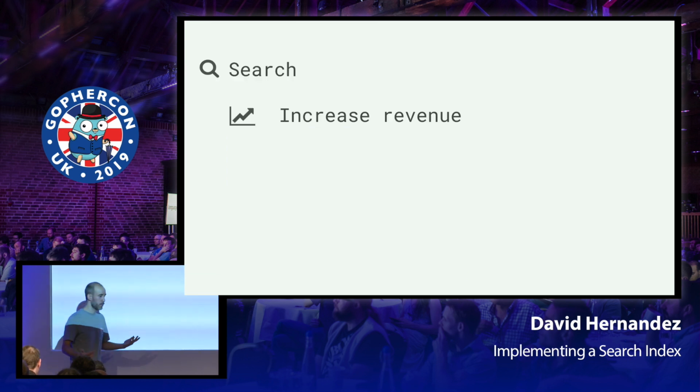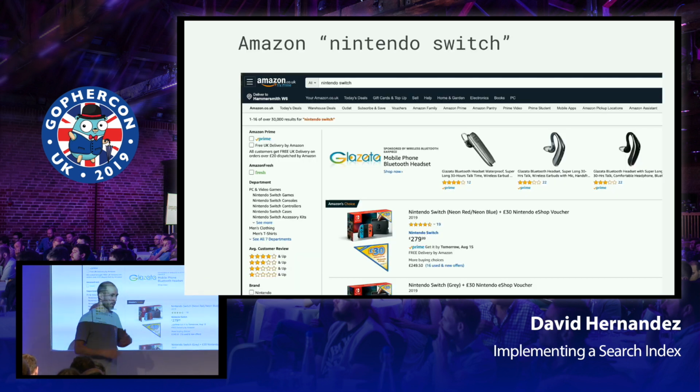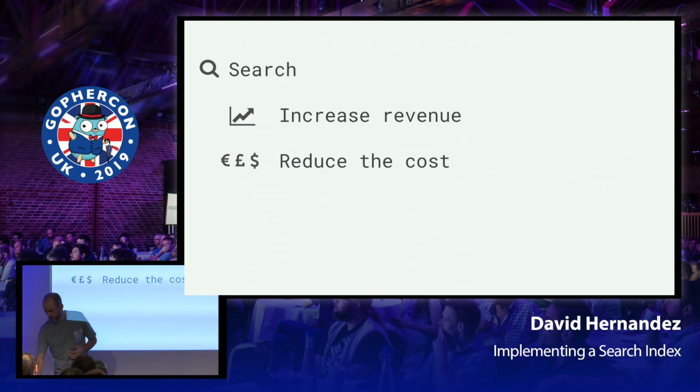So why is search important? Because the main thing is it increases revenue. If you find the product that you are looking for very quickly, you generate more revenue. I'm a fan of Nintendo Switch, so that's the first example I thought of. But it could also reduce cost.